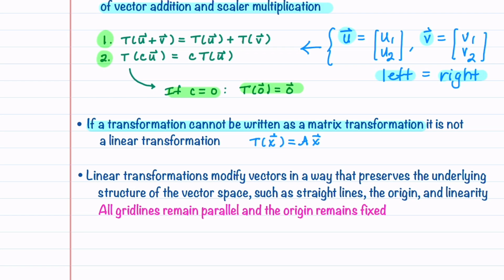All linear transformations can be written as T of x is equal to A times x. Linear transformations modify vectors in a way that preserves the underlying structure of the vector space, such as straight lines, the origin, and linearity. This is the same as saying that all grid lines remain parallel and the origin remains fixed.